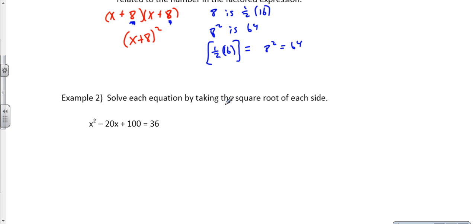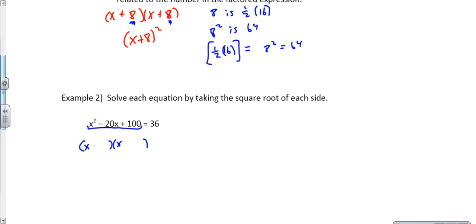Solve each equation by taking the square root of each side. Normally we would think, let's bring the 36 over, set equal to 0, and so on. But we're going to make an observation here: I think this is factorable as is. If I factor that, I get x and x, factors of 100 that add up to a negative 20.